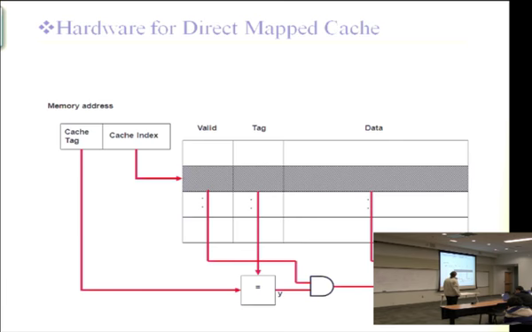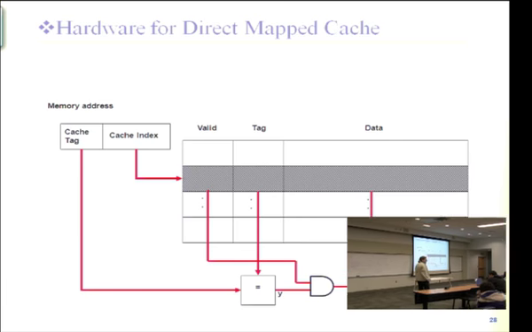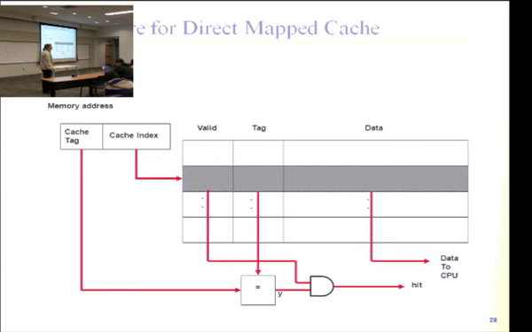That's how you search through the cache to find the address you're looking for. Once you do that, you have to check the valid bit. If the tags match and the valid bit is true, then you have a hit, and you deliver the data to the CPU. If it's a miss, then you go to the next level of cache or memory.